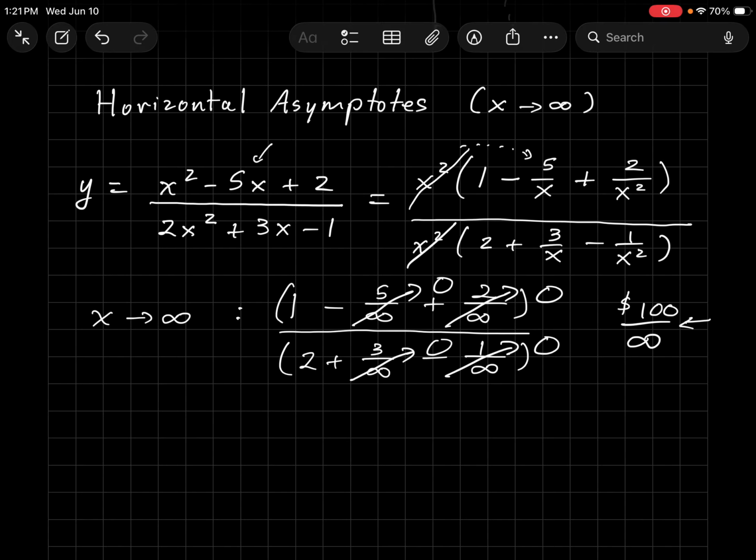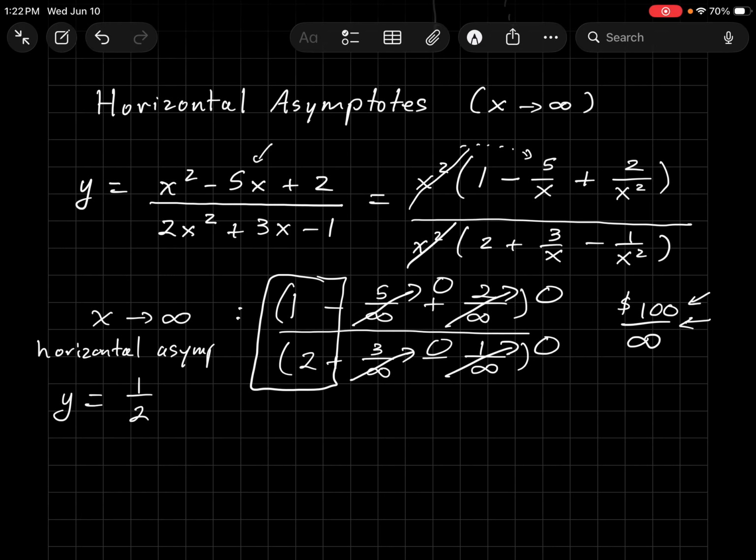It doesn't really matter how many dollars I start with. When I divide it amongst an infinite number of people, each person gets basically nothing. So the only thing left over is a thing that did not have any x's. That is 1/2. So my horizontal asymptote is y equals 1/2.